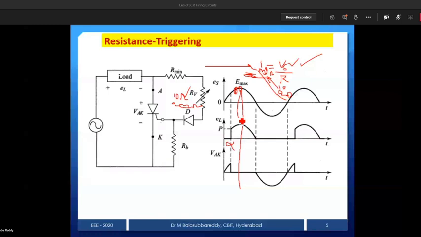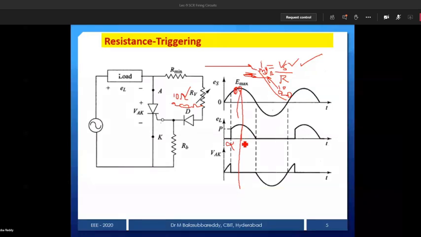Change the RV value so that it will require more voltage of the supply to get Ig minimum. More voltage means later time of supply, and later time is nothing but the x-axis. So if the x-axis varies, our alpha varies, so the conduction interval will be less and your output is going to decrease.